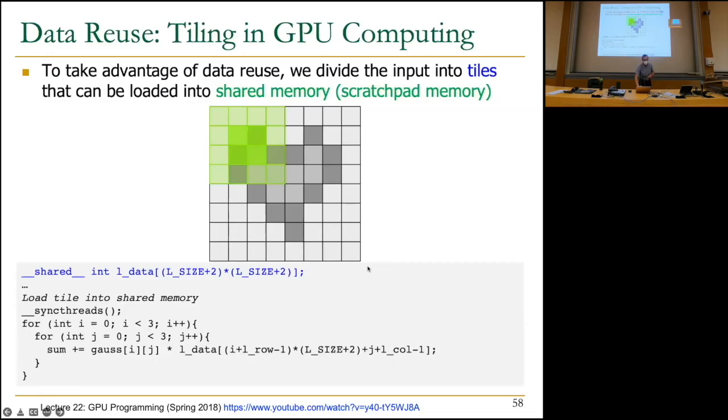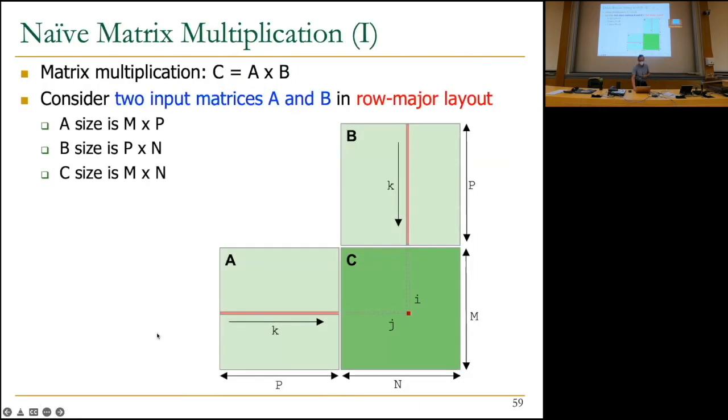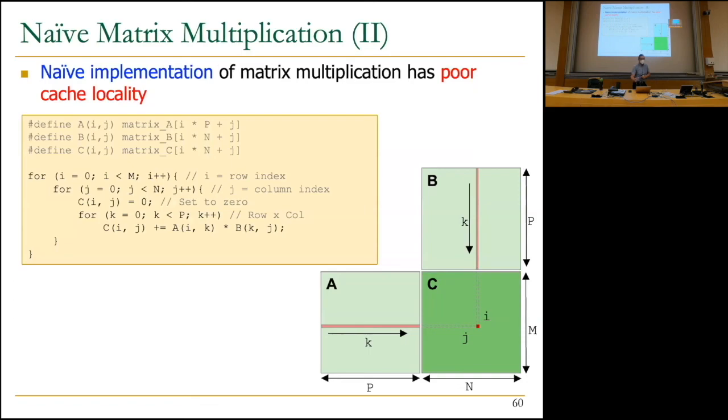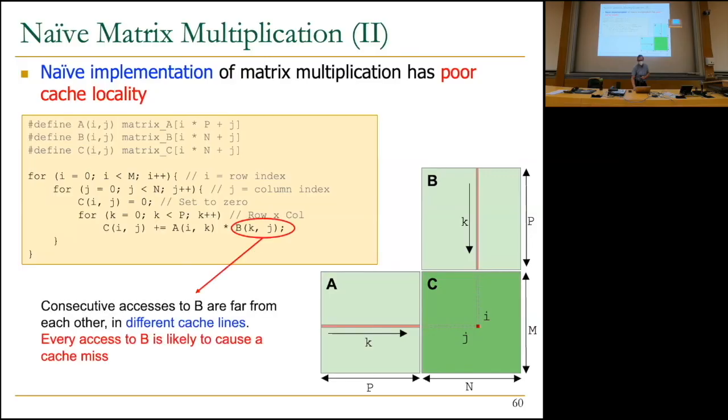And this is how you do it here. Again, I will not go through the code. Matrix multiplication is another example. You have two input matrices, A and B, and the output matrix is C. These together may be much larger than your cache. A naive implementation that goes through one entire row of A and an entire column of B to compute a point here may have poor locality because you basically thrash the cache as you keep going through the entire matrices.